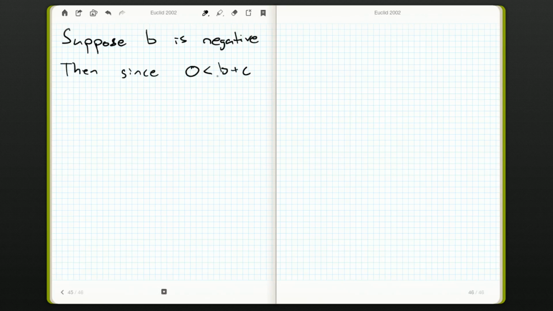We know B plus C is positive, so B is bigger than negative C.